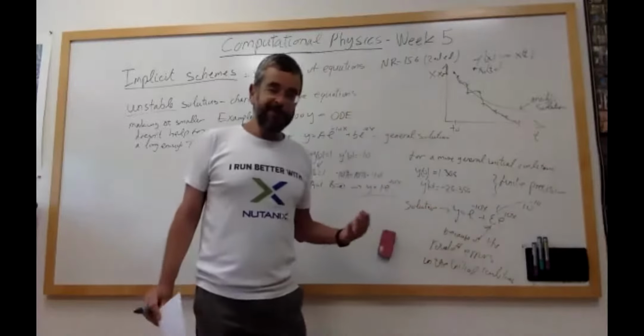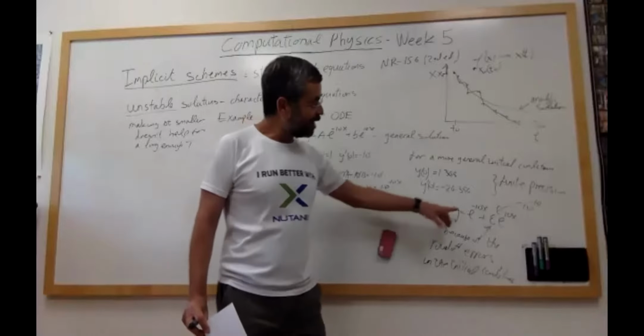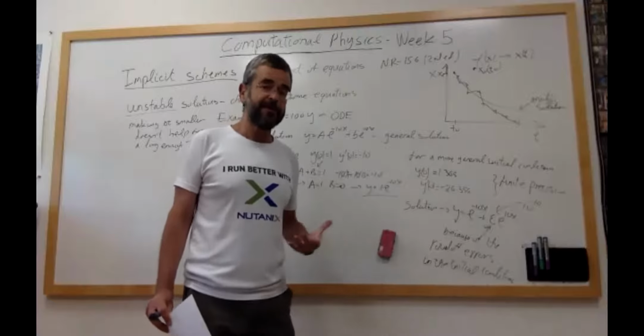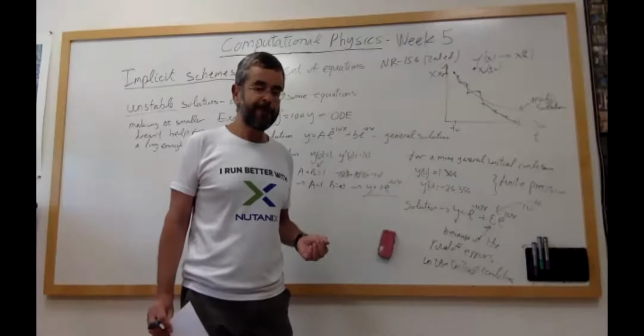So what would happen to the actual solution when we go to a large enough x? What will dominate the solution? The solution we got from the round-off error, the increase in exponent. Yeah, exactly.